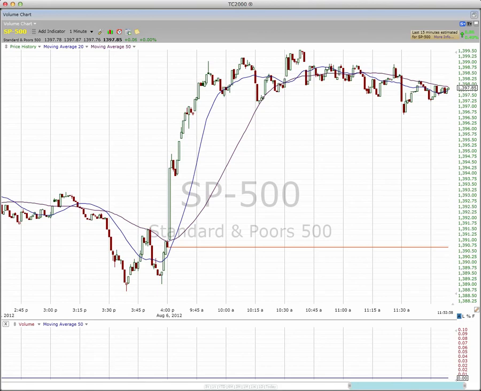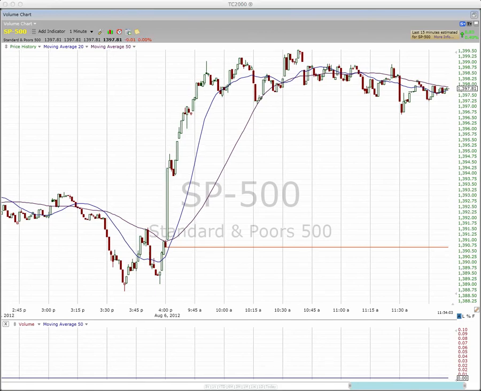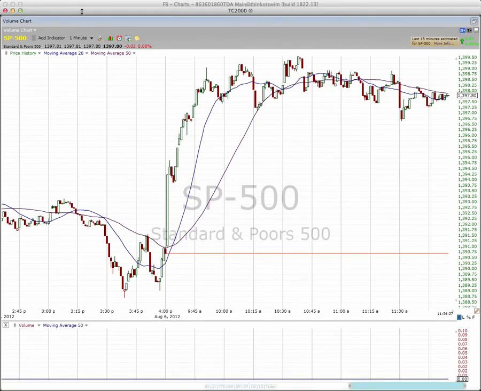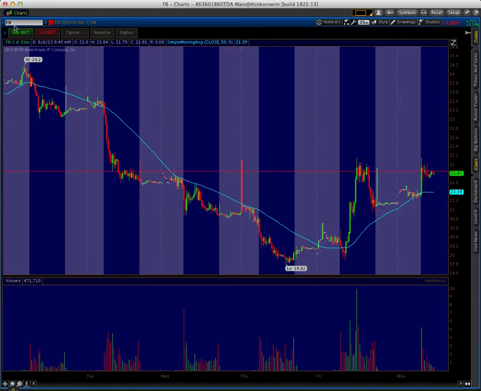Just let me check something. Let's look at the chart of the future also, because that's what we were looking at before. I think I have it under here. Okay, here it is.